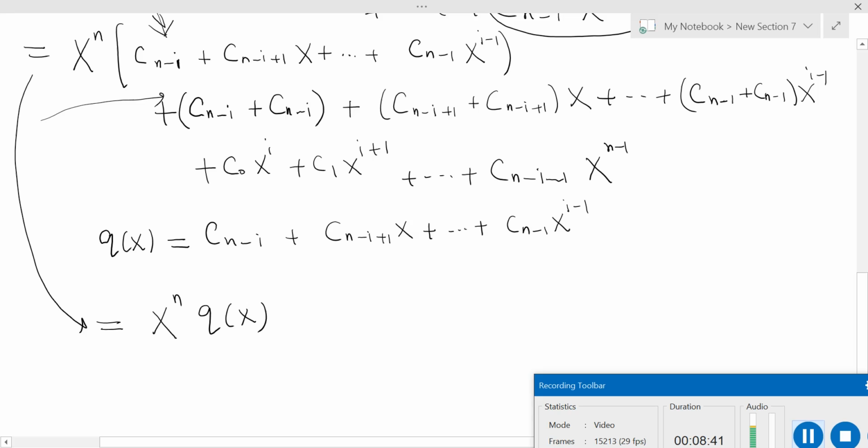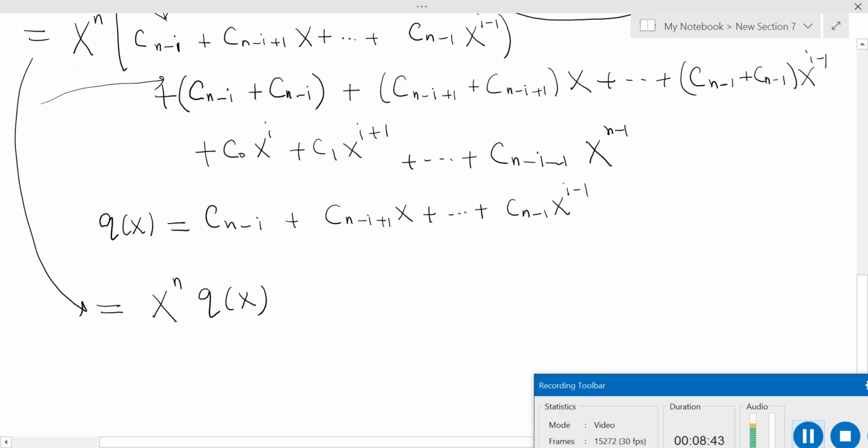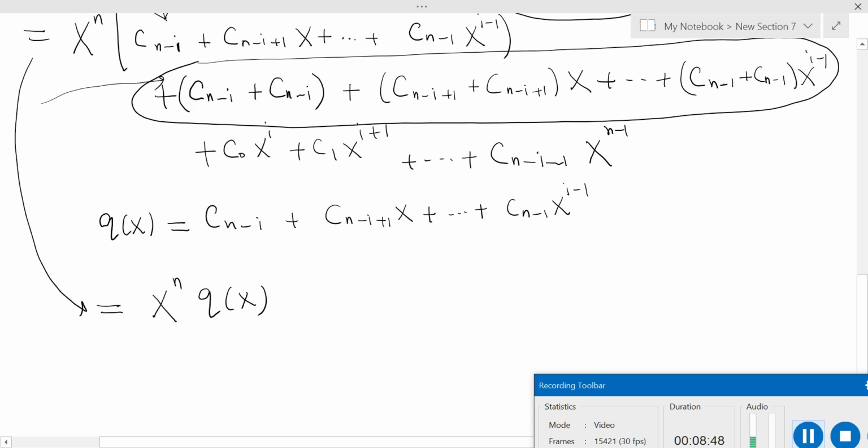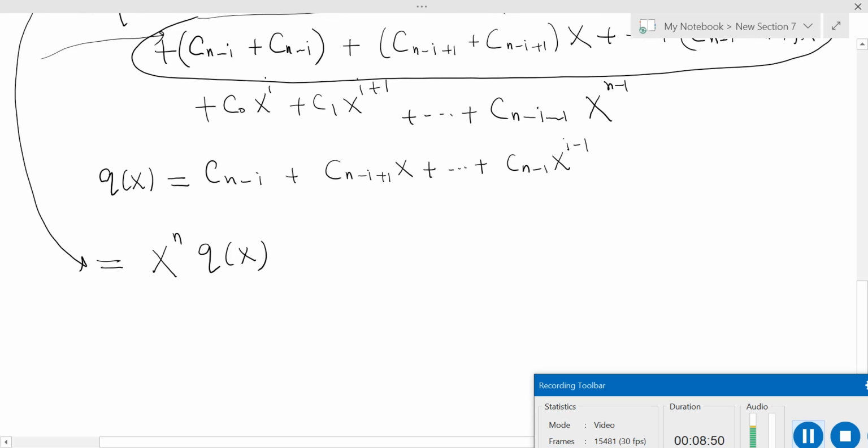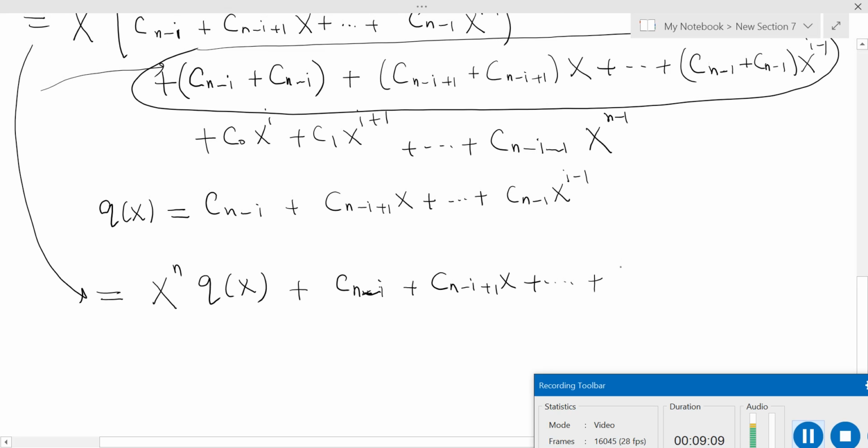Okay, now I will write the second term, this term. I will write it in this way. First of all, I will write the first term of each bracket, that is, C of n minus I plus C of n minus I plus 1 x plus C of n minus 1 x to the power I minus 1, right?